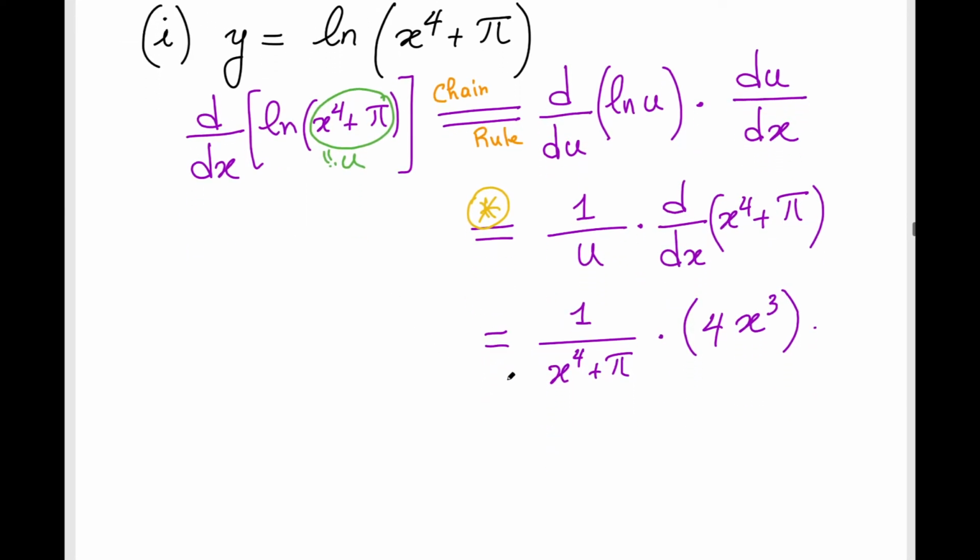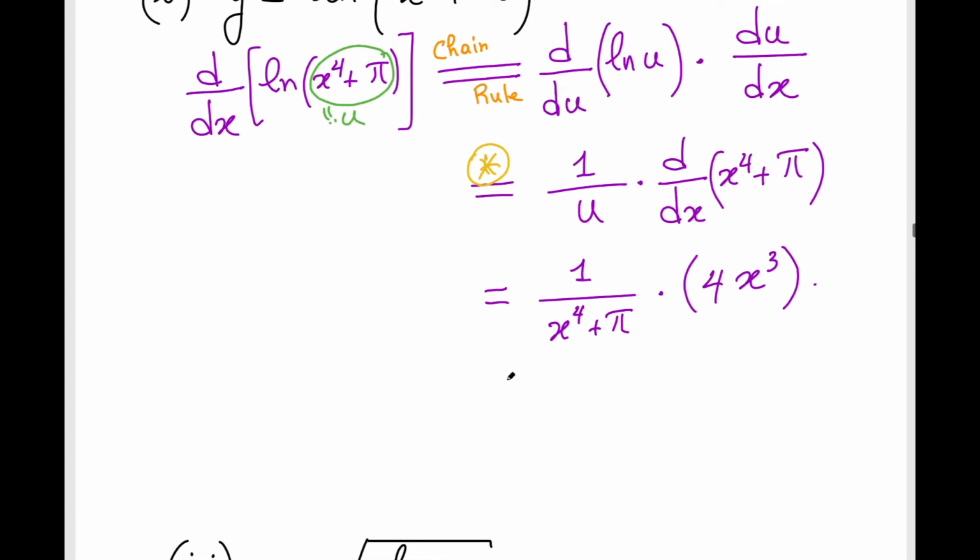Can we actually summarize our findings here as we did previously? So along the way we found the following: if u is a function of x that's differentiable, then the derivative with respect to x of ln of u, what did we find it to be?